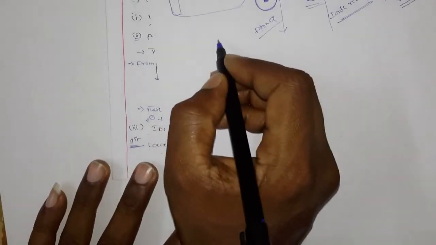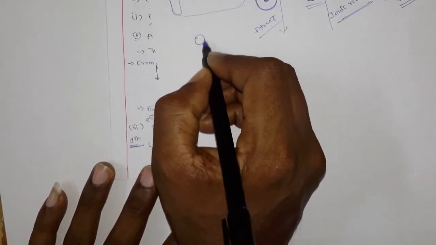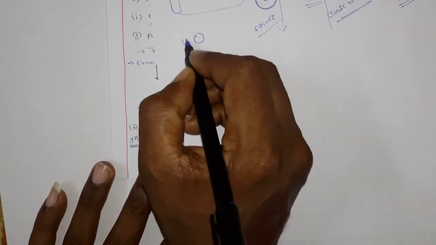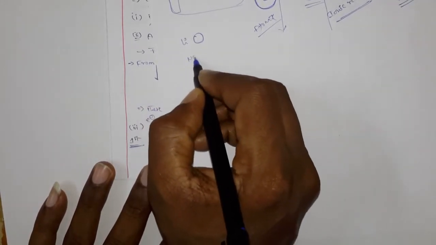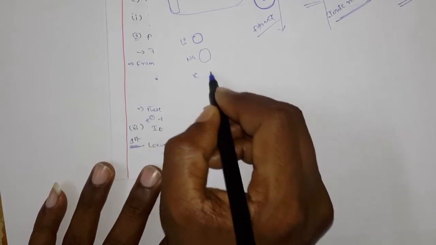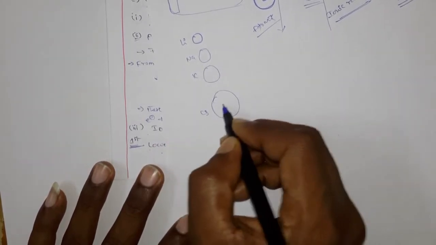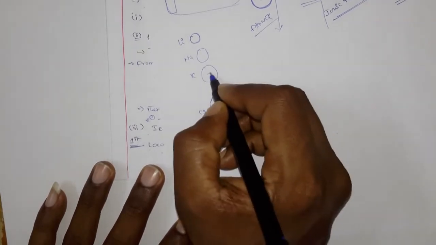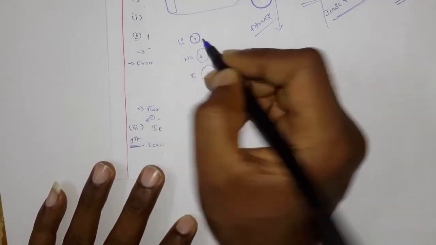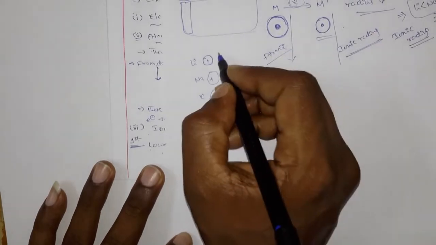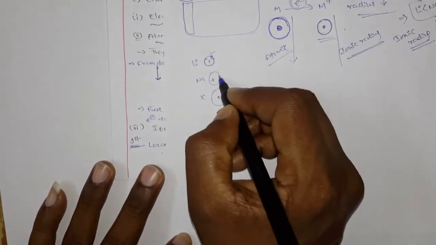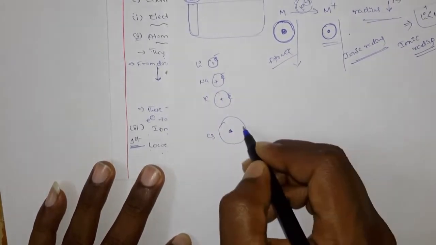So why is that? Here lithium is a smaller one, sodium is a little bit bigger, and potassium is again bigger. Assume cesium is much bigger in size. Here at the center, the positive charge will be present. The ionization enthalpy is nothing but removing the electron from the outermost shell.